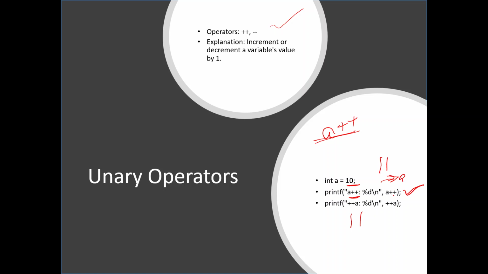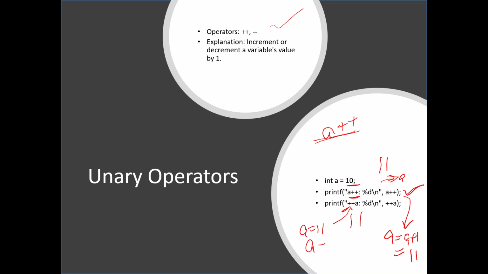So it will print 10 and then increase the value of a to a plus 1, so it will be 11. And here you can see this is called pre-increment. First increment the value of the variable by 1 and then execute the statement. So plus plus a. It means right now the value of a is 11.